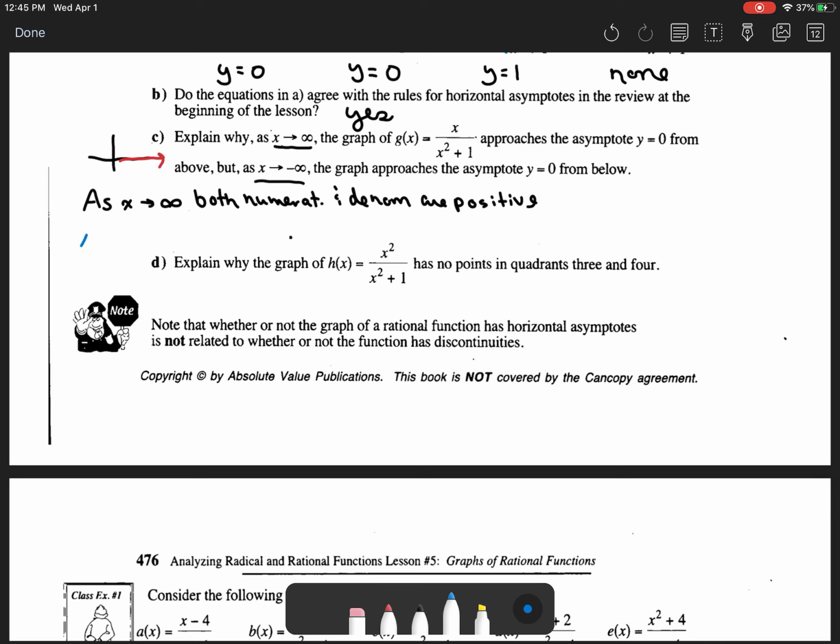Now, as x approaches negative infinity, so if I again go up to that little x and y axis I drew, this is x approaching negative infinity, going this way this time. So as x approaches negative infinity, we're going to say the numerator is negative when you substitute a negative value in, and the denominator is positive.